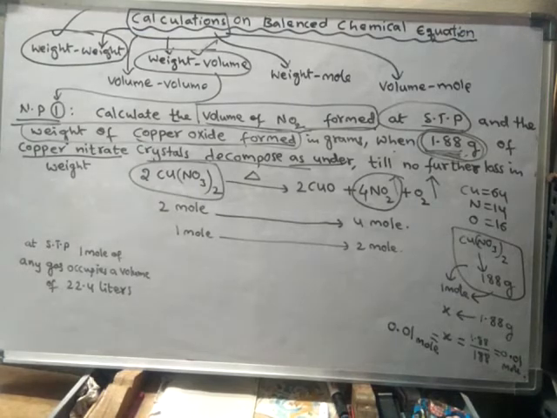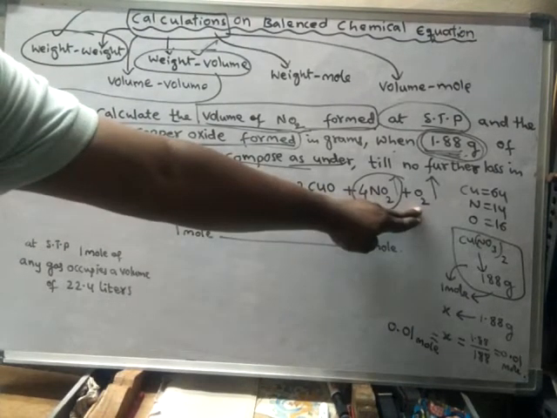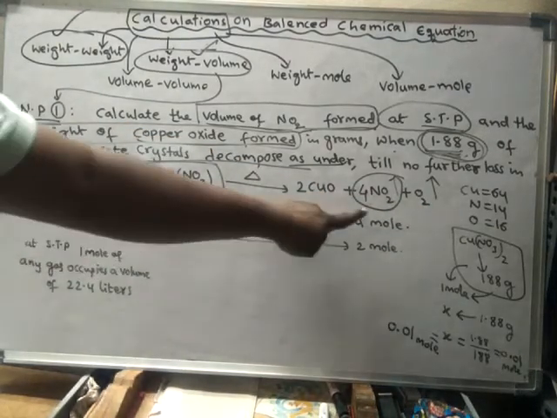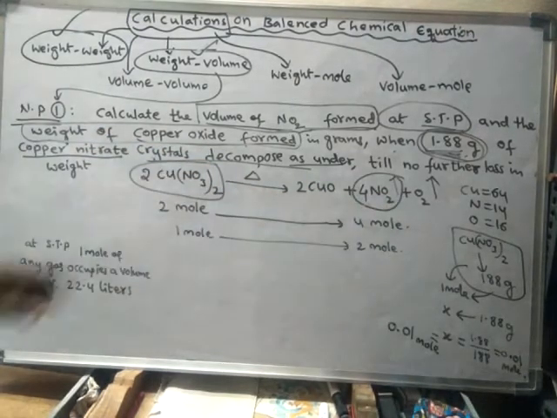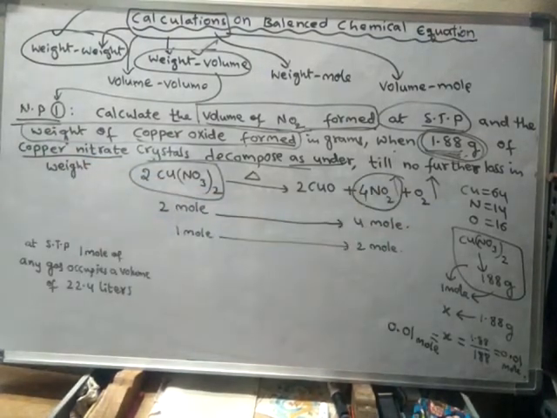Now from the balanced chemical equation, it is understood that when copper nitrate is 2 moles, then NO2 formed will be 4 moles. So 2 moles of copper nitrate can produce 4 moles of NO2 gas.